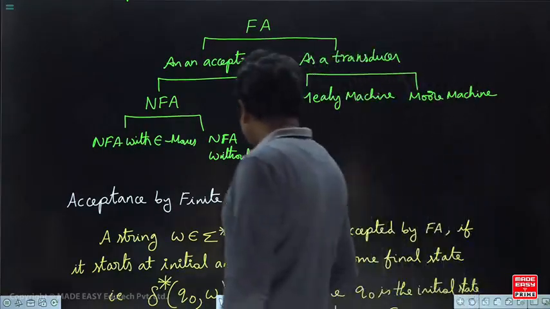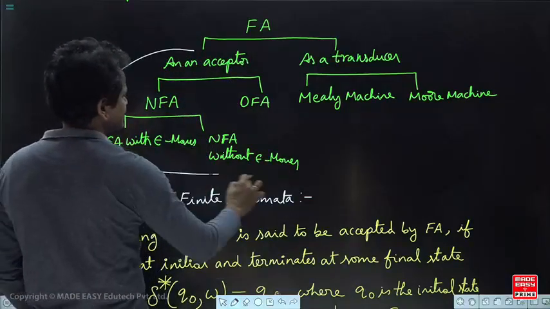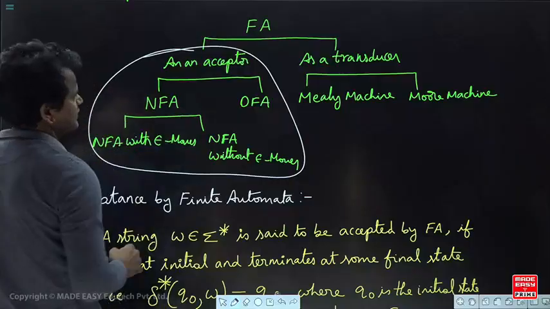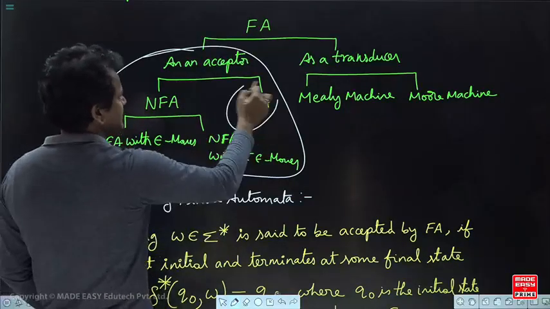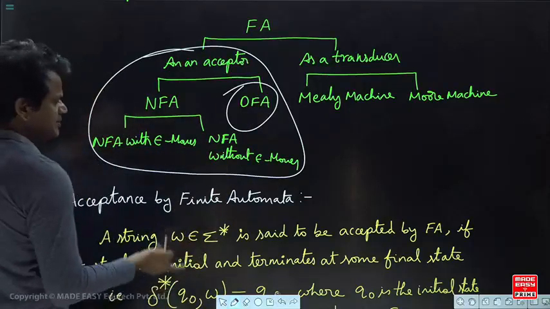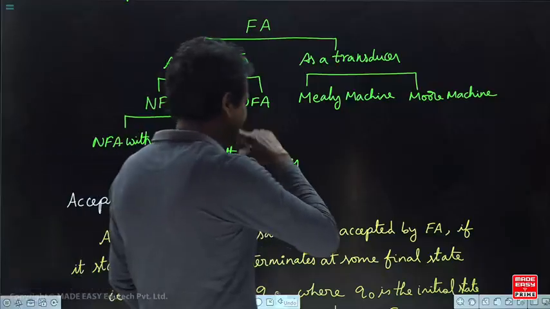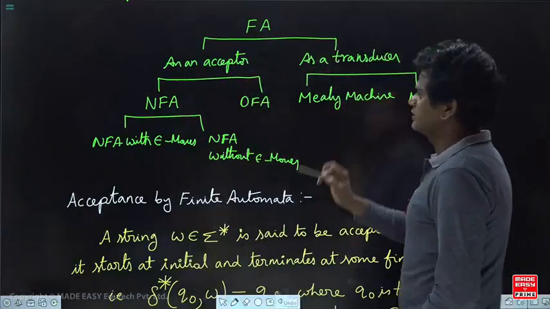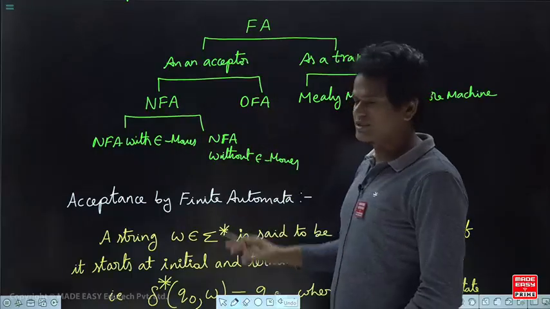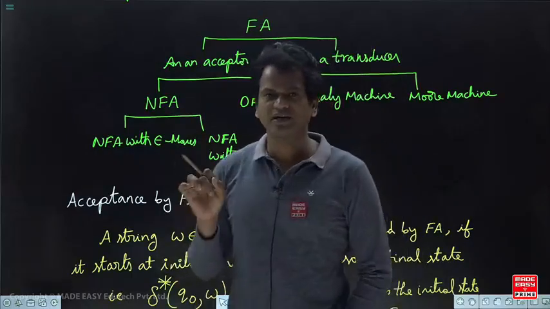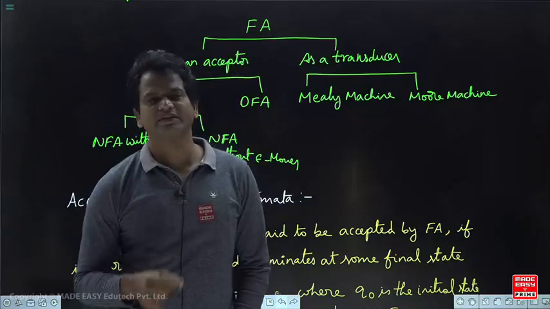If you can construct any of these machines, either NFA or DFA, NFA with epsilon moves or without epsilon moves, DFA minimized or not minimized, then the language is said to be regular. If you can construct a perfect finite automata, then that language is said to be regular.